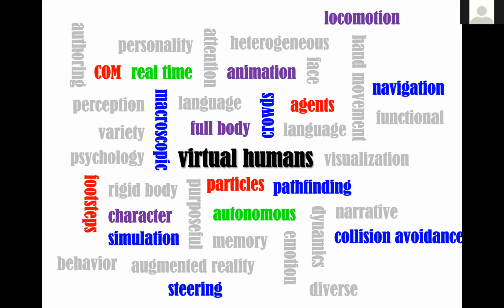Then we start thinking about animation, locomotion, full body control. And finally, the ability to author these autonomous virtual humans in such a way that we aren't simply developing homogeneous simulations, but are developing rich, high fidelity, heterogeneous simulations of virtual humans.